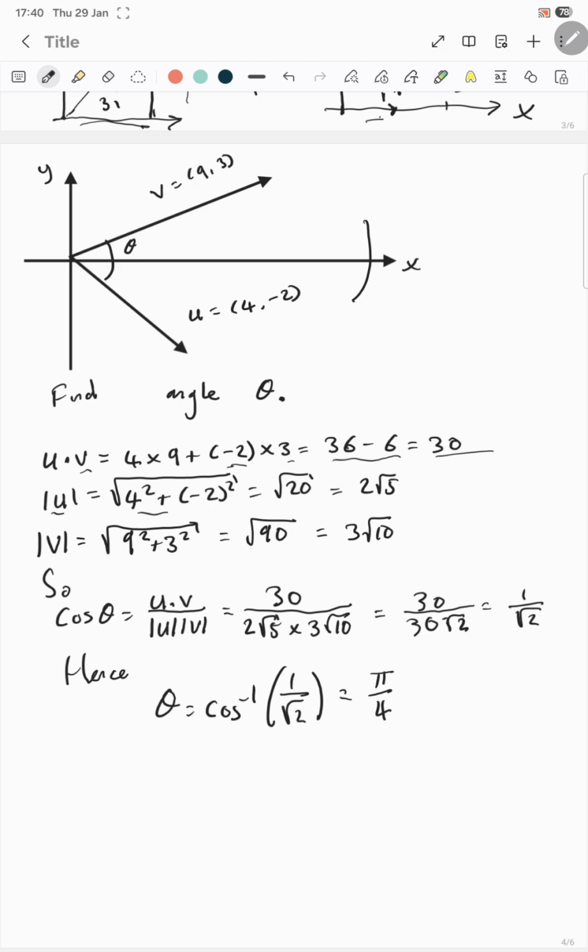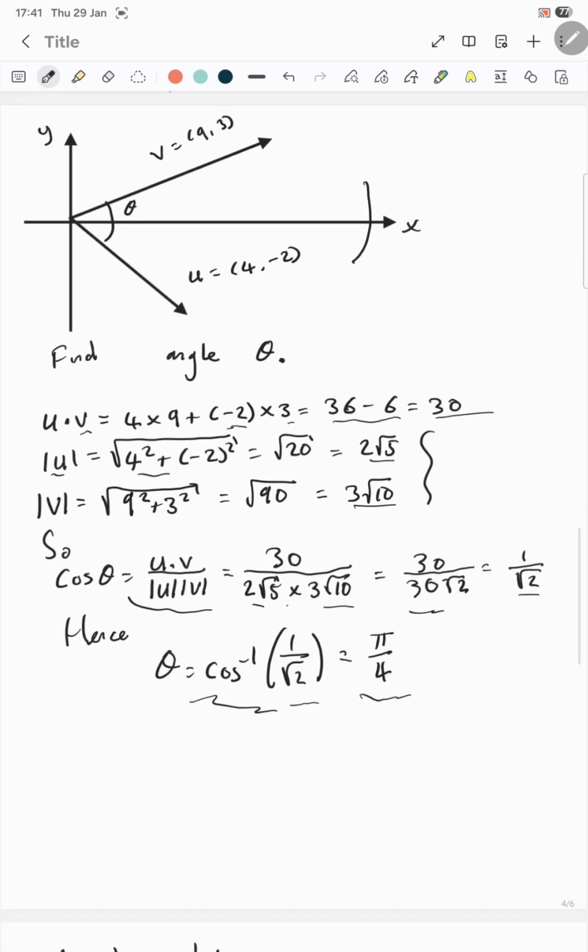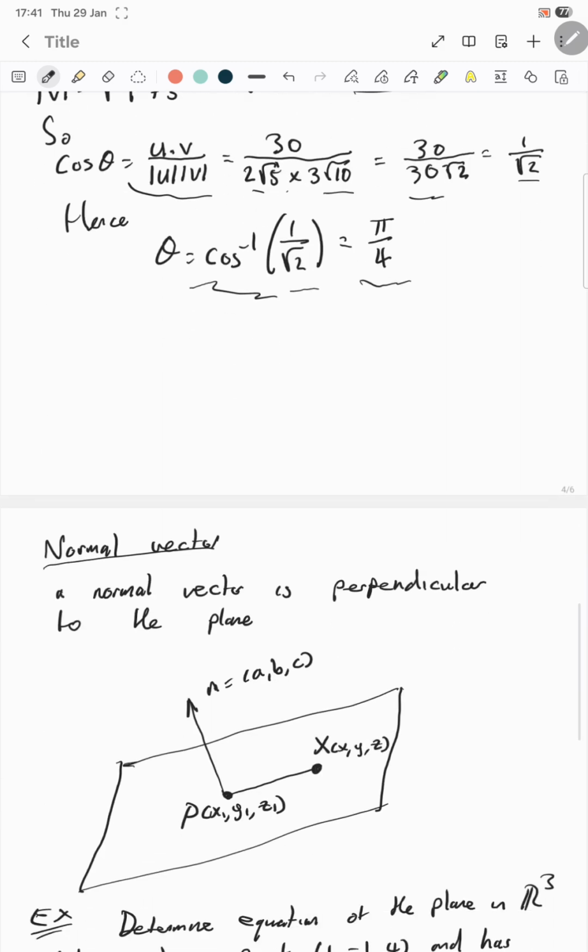Our magnitudes, plugging in, give the magnitude of U as 2 root 5, and likewise for V we get 3 root 10. So our cosine is U dot V over the product of the magnitudes, so it's 30 over 30 root 2, which equals 1 over root 2. Hence, theta equals the inverse cosine of 1 over root 2, so it equals pi over 4. And that's the angle which we were asked to find.